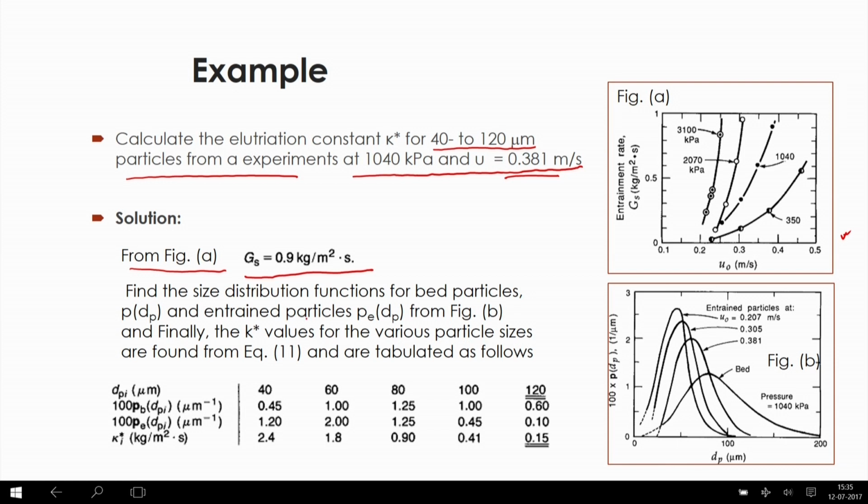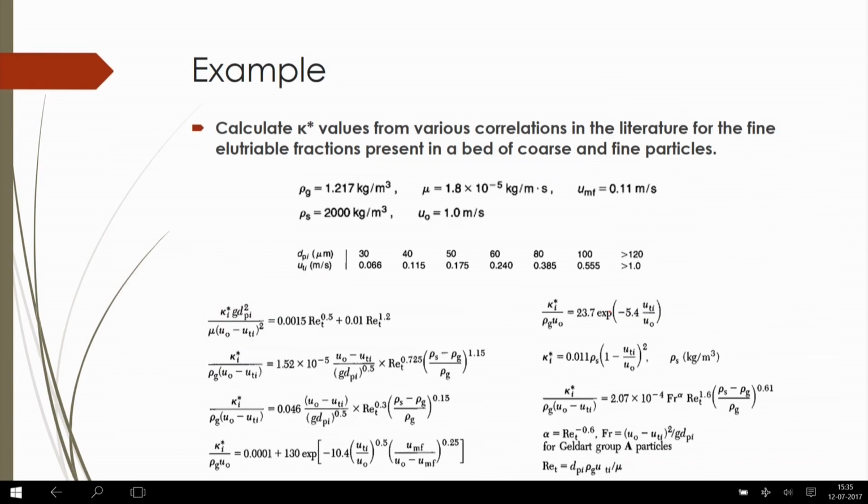After that, find the size distribution function for bed particles PDP and entrained particles PEDP from figure B. Finally, K star values for the various particle sizes are found from equation number 11 and are tabulated as follows. So, in this way you can calculate the elutriation rate.